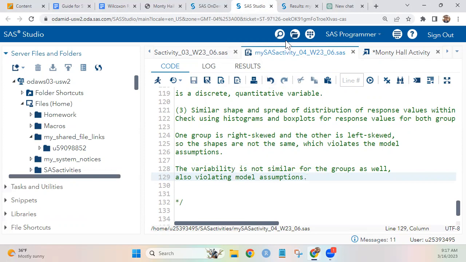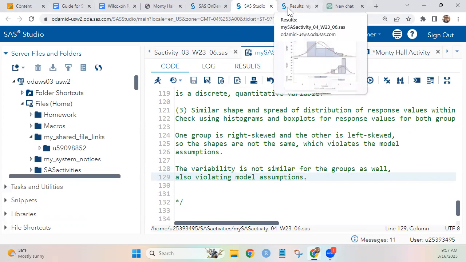The reason these assumptions are necessary is because of the way this test is constructed.